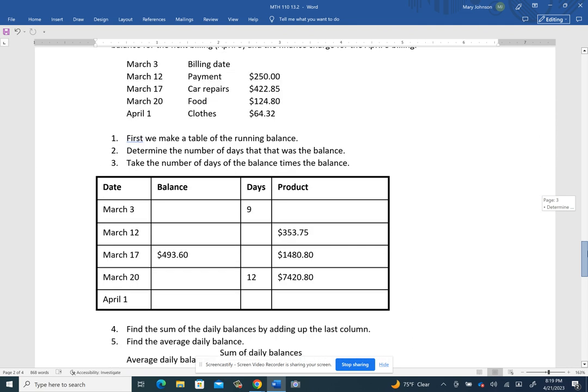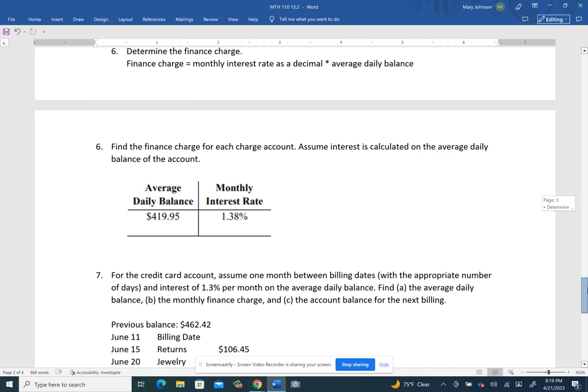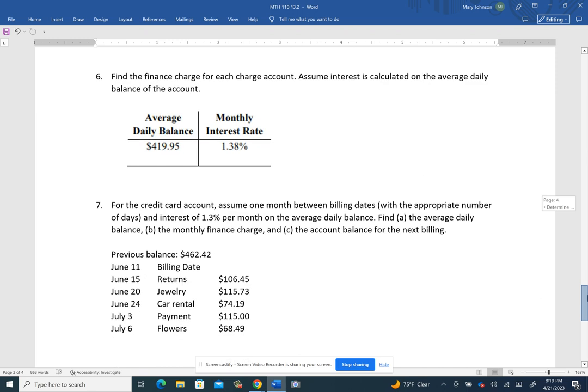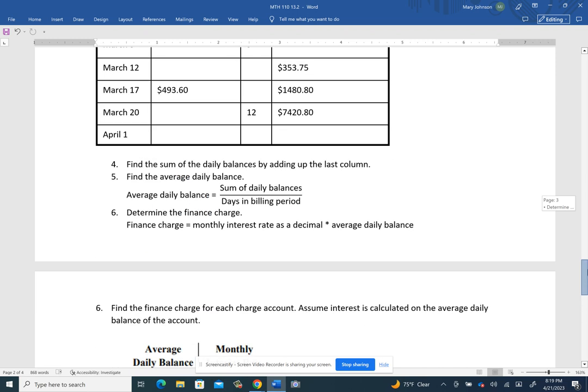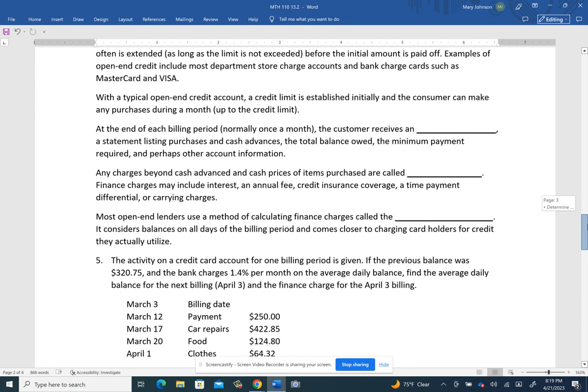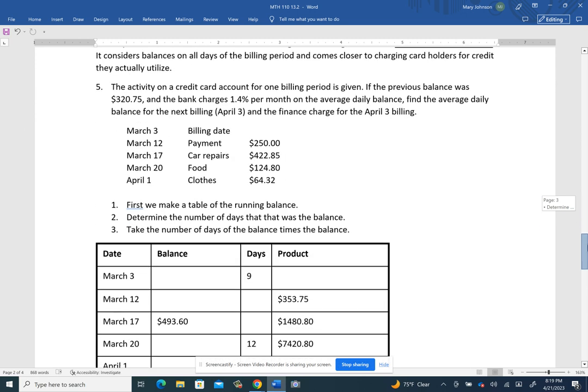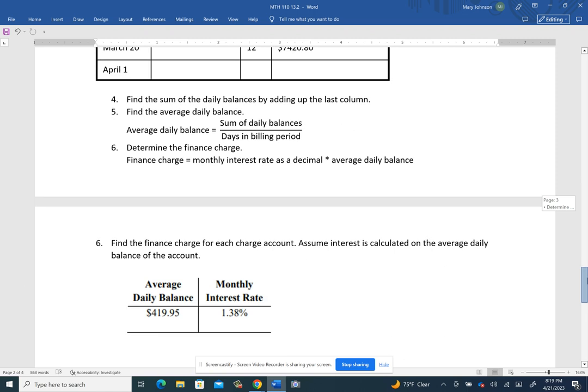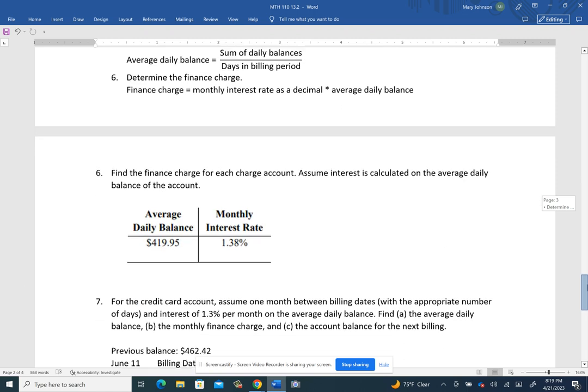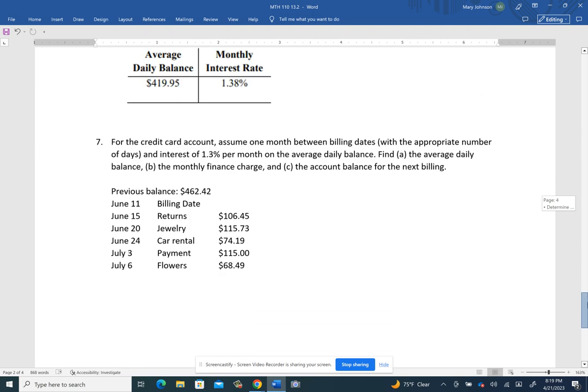I'll fix the one that's posted to include the filled-in version for the revolving loan. So all that will be filled in, and you can read about it because it's kind of interesting how they calculate how much your finance charge is going to be on your credit card.